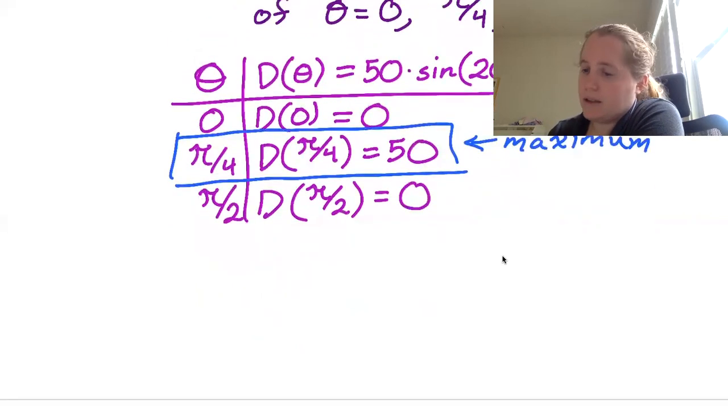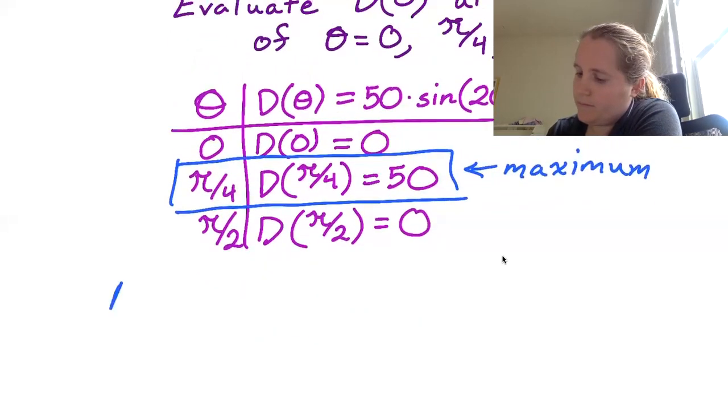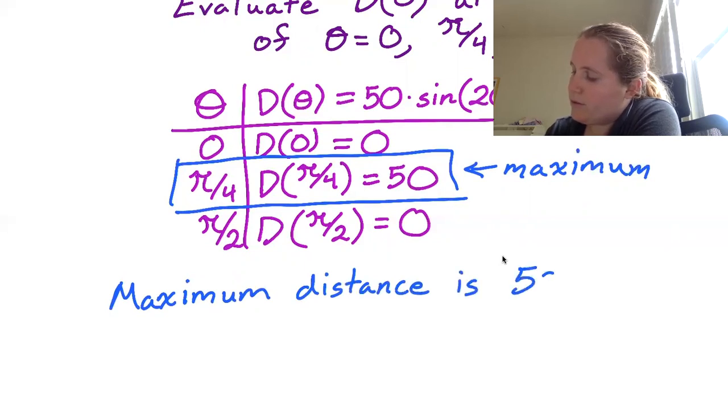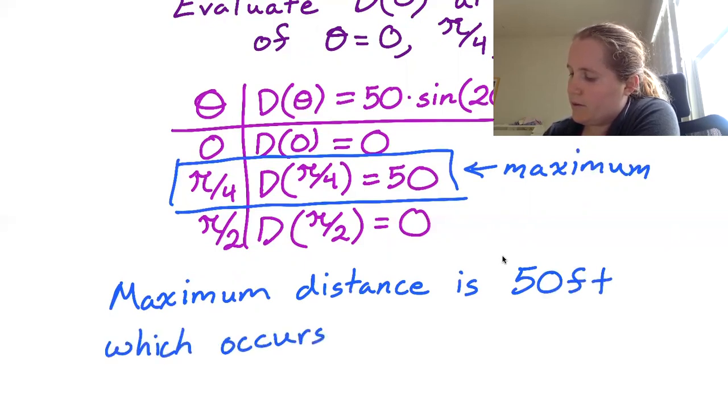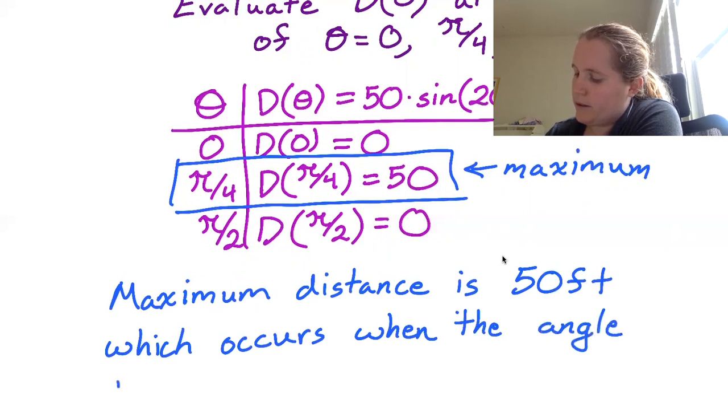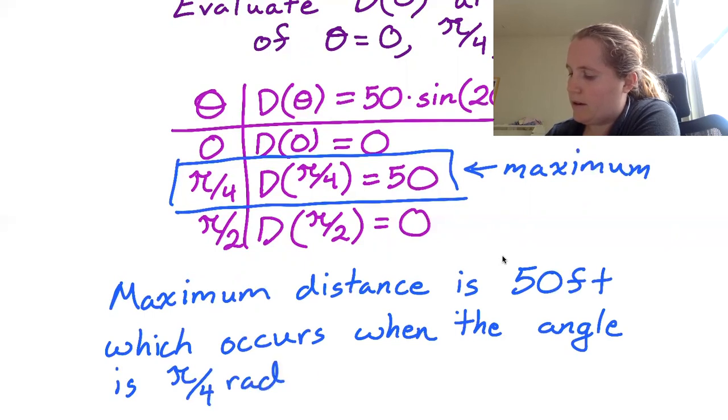So we get that the maximum distance is 50 feet, which occurs when the angle is pi over 4 radians, or in other words, 45 degrees.